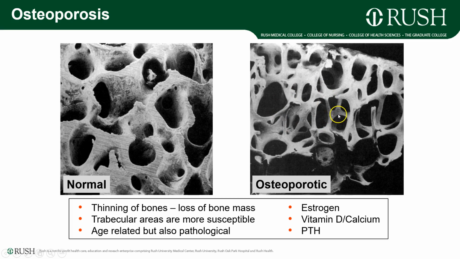It's age-related, but there are other pathological situations due to lack of estrogen or vitamin D, calcium, as well as PTH being involved. There are multiple other reasons which you will learn later on. But the net result is that there is a loss in bone mass and bone structure, which leads to weakening of the bone, thus increasing the risk of fracture.